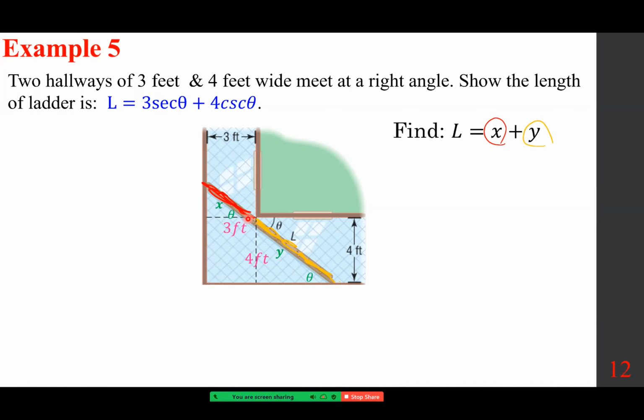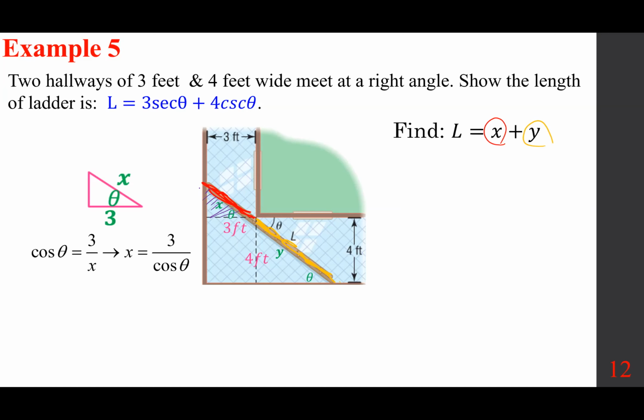So let's look at this small triangle. X, theta, 3. So what is cosine theta? Adjacent 3 over hypotenuse X. And 3 over cosine theta is the same as 3 secant theta, by the way.